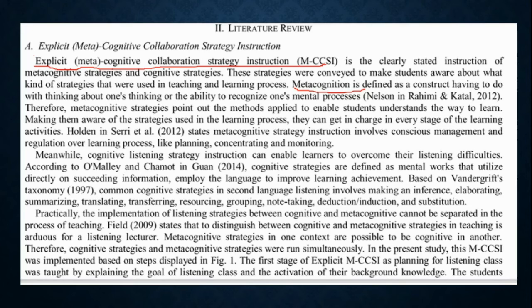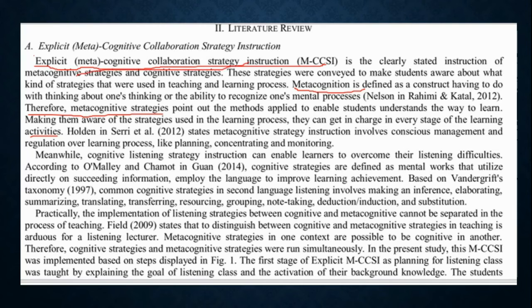The source is Nelson 2012, and also supporting definitions from other research. Metacognition studies point out the method applied to enable. This is my conclusion first, and then supporting argument dealing with metacognition is from Holden 2012, that metacognitive strategic instruction involves conscious management and regulation of a learning process.